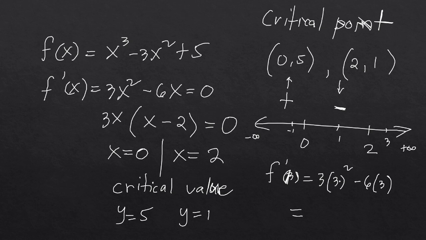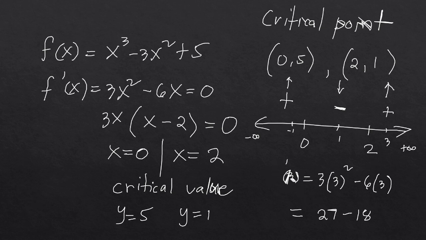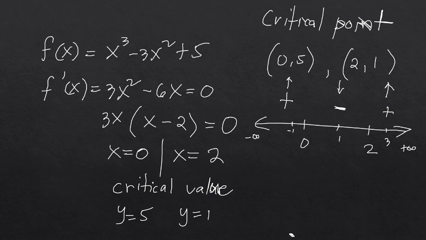So obviously this becomes 27 minus 18, and it is very clear that this is positive. So in this interval, your function is increasing. Okay, so that's the use of the first derivative test. The first derivative test will tell us whether your function is increasing or decreasing in a certain interval.